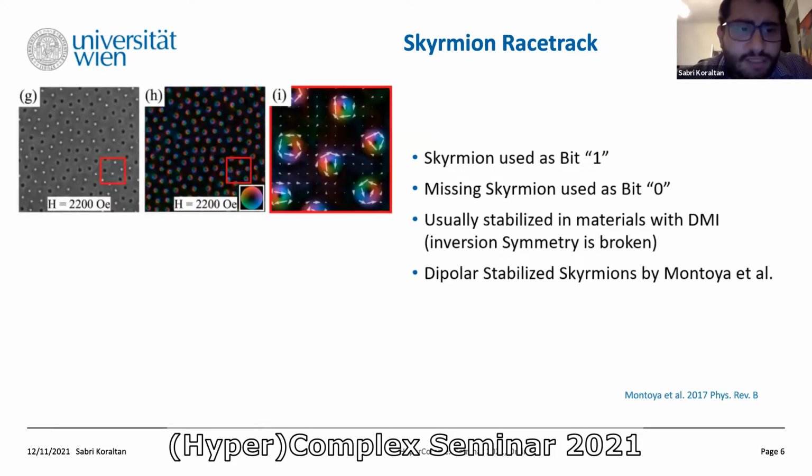In 2017, however, Montoya et al. have shown that they can use iron gadolinium multilayers to achieve a new range of material parameters. So reduce the saturation magnetization, which basically gives you the strength of your ferromagnet, and the anisotropy constant.